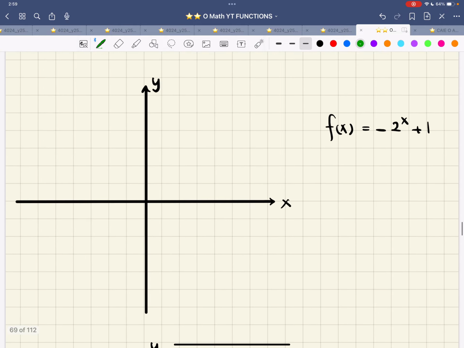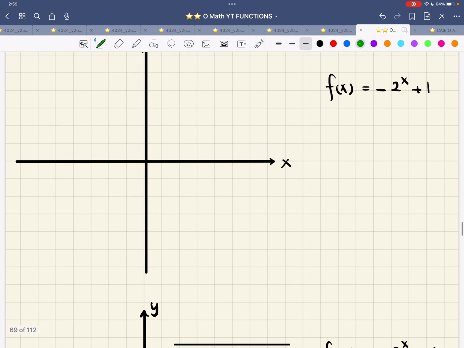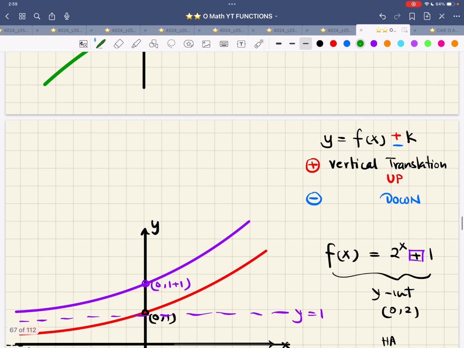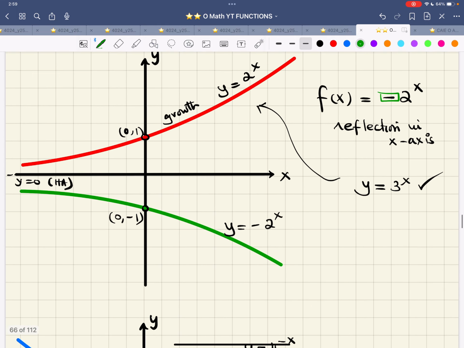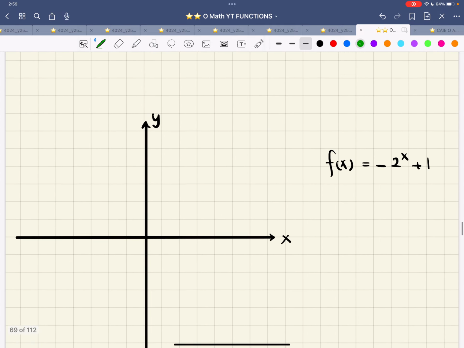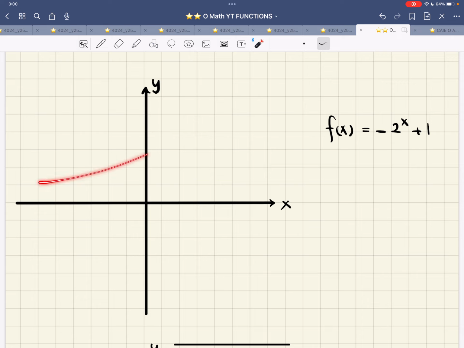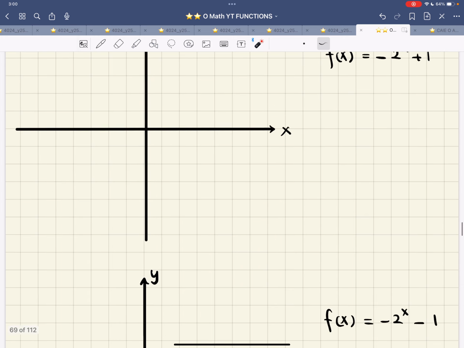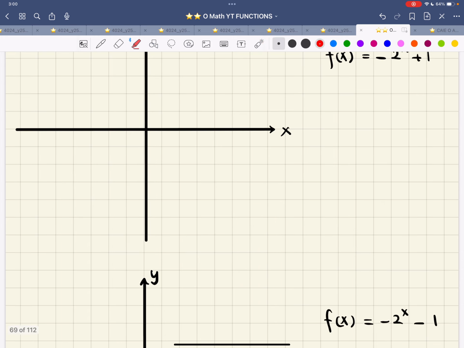Now what about this? Minus 2 power x plus 1. Minus 2 power x is somewhere over here. That's the one. Minus 2 power x, that is this one, plus 1. So first of all, you have to think a bit. This is 2 power x. This is y is equals to minus 2 power x, and then you are adding 1. So first of all, let me draw this thing.